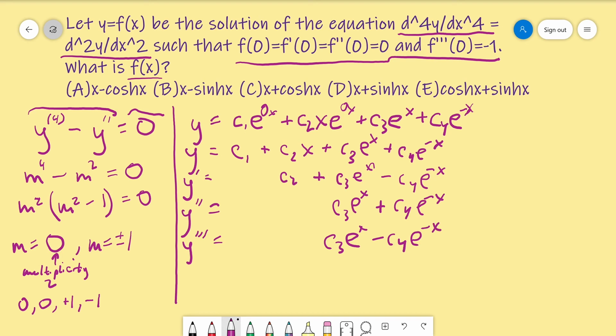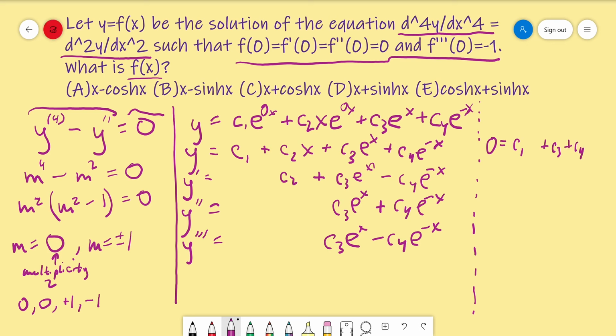Alright, so let's plug in the initial conditions. y of 0 equals 0, so 0 equals C1 plus C2 times 0 is 0, plus C3 times e to the 0, which is 1, so C1 plus C3, plus C4 times e to the 0, that's also 1, so plus C4.